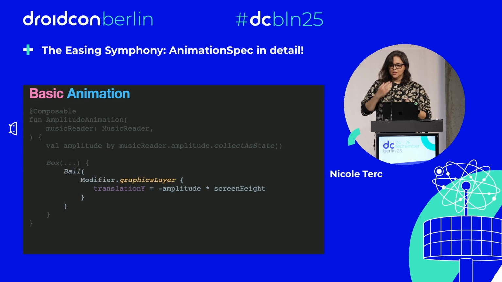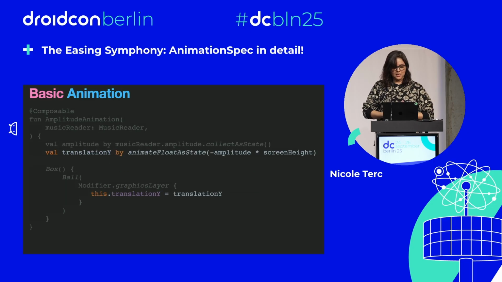And how this amplitude is going to be changing, I'm going to be just changing the translation Y, which is a fancy way of saying that my ball is going to be going up and down as this amplitude changes. And since I want it to be an animation, not just a change, we just need to grab this translation in my animate float as state and consume it as if it was a simple float.